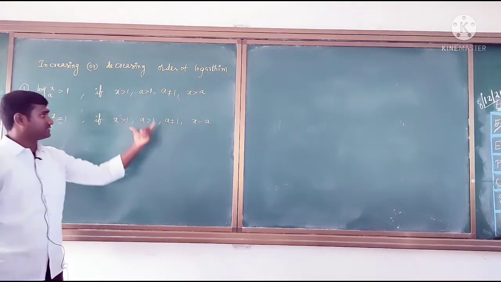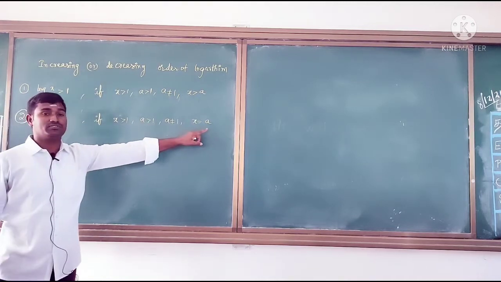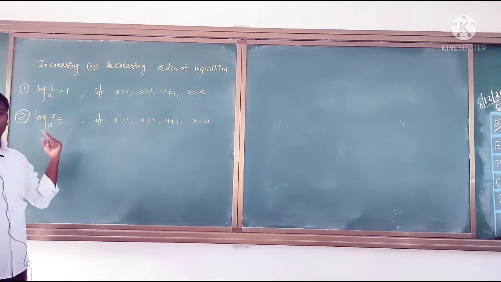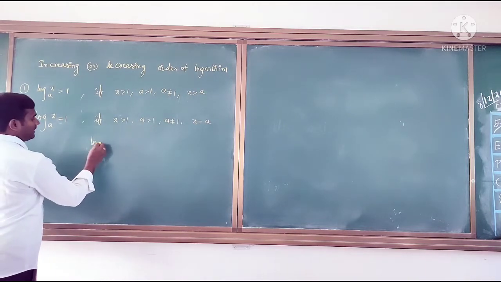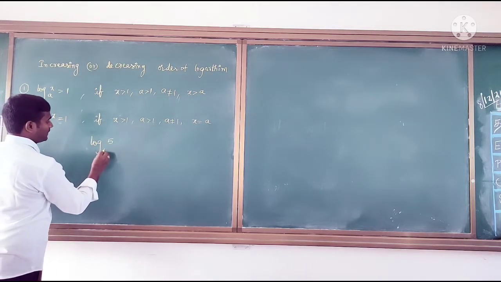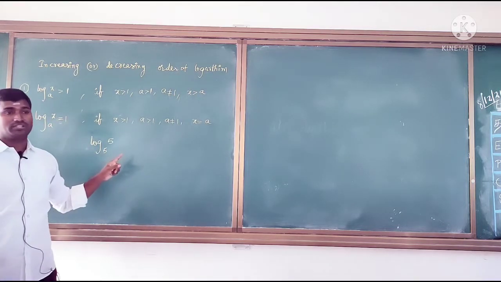Same conditions. Here x greater than a means it is greater than 1; if x equals a, it is equal to 1. Suppose you take log 5 to the base 5. Its value is 1 only.